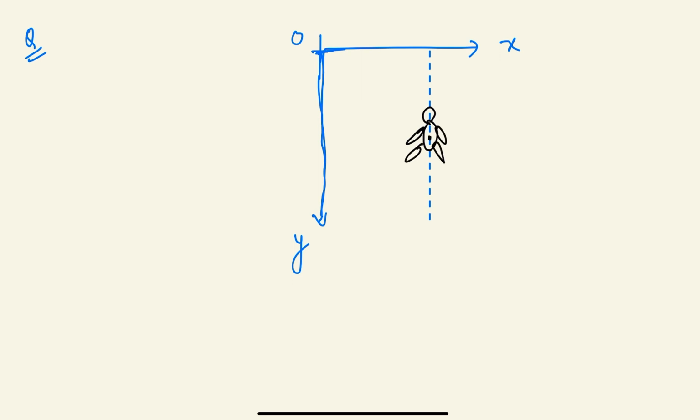This penguin has mass m and is falling vertically with a velocity v, and at any point it is at radius vector r from the origin.